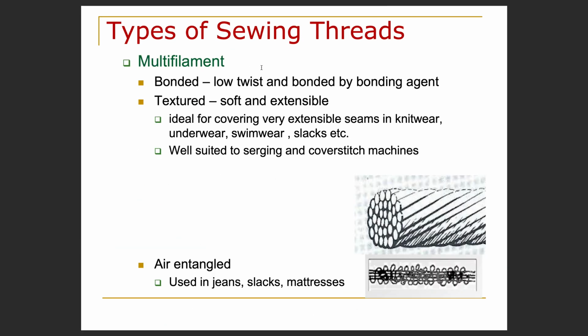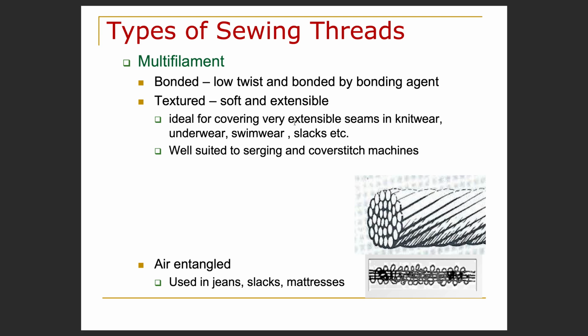And when we talk about multi-filament sewing threads, this is the construction of the sewing thread. They can be bonded or texturized. Bonded is low twist and bonded by some kind of bonding agents, and texturizing is a process by which some crimp or textured appearance is given to the sewing thread. So it results in giving softness and extensibility to the sewing thread.